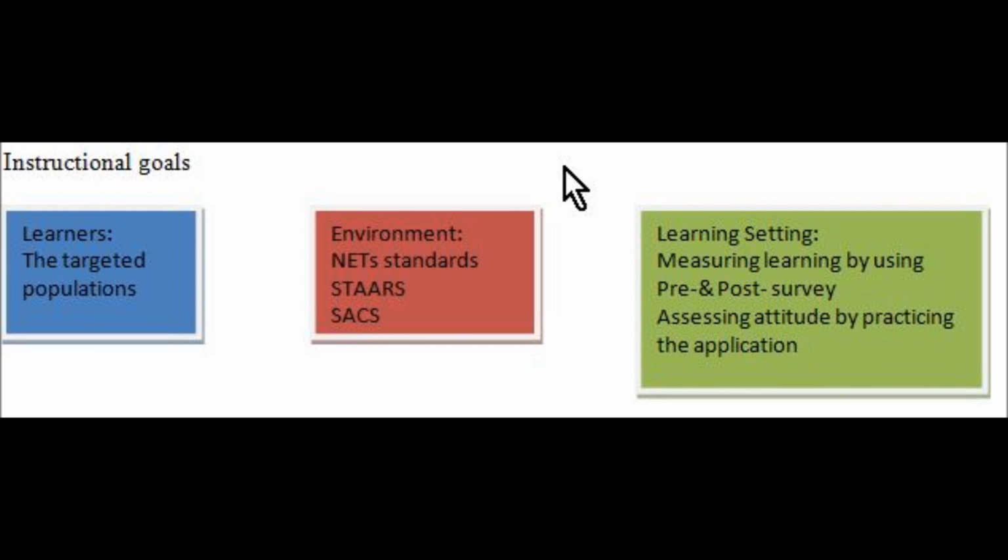For the green box, you need to provide the learning setting: how we are going to measure the learners' learning outcome. Do we plan to use a pre and post survey? Or are we going to simply assess their attitude by practicing certain types of applications? I'm going to give you several examples in the next slide.